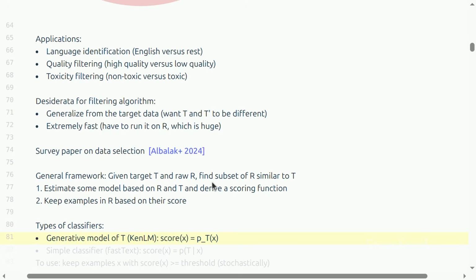One is generative models: you have your target data and you estimate a model of that data. Remember, this has to be cheap, so you're probably not training a big language model. Generally, KNLM basically says, I'm going to train a 5-gram model.